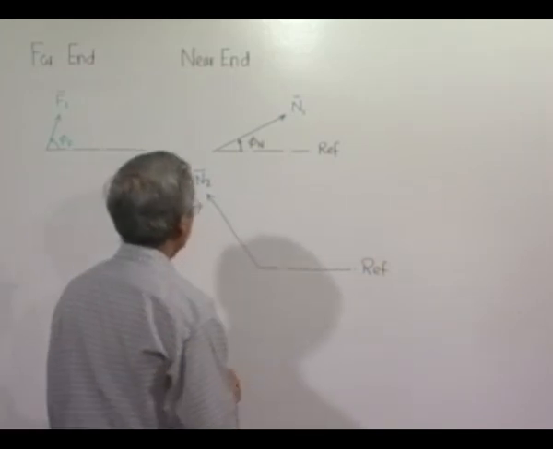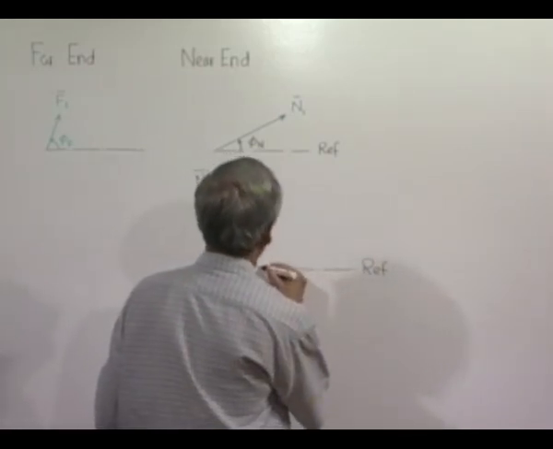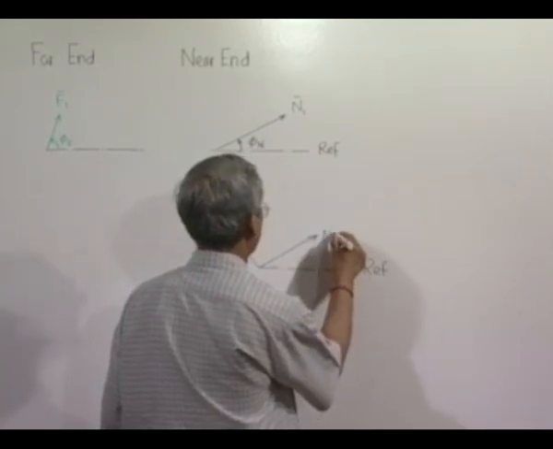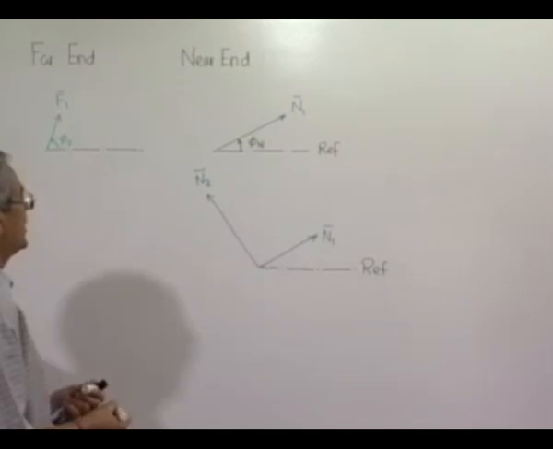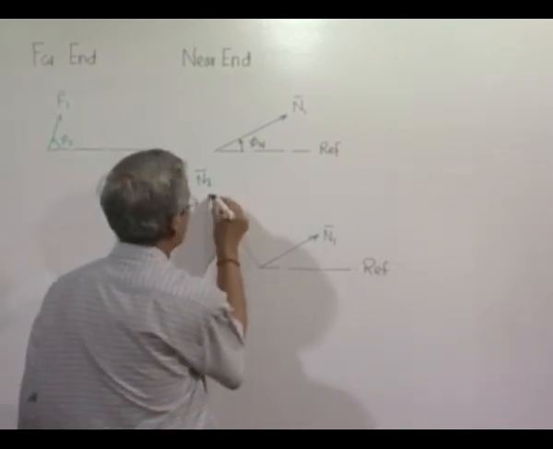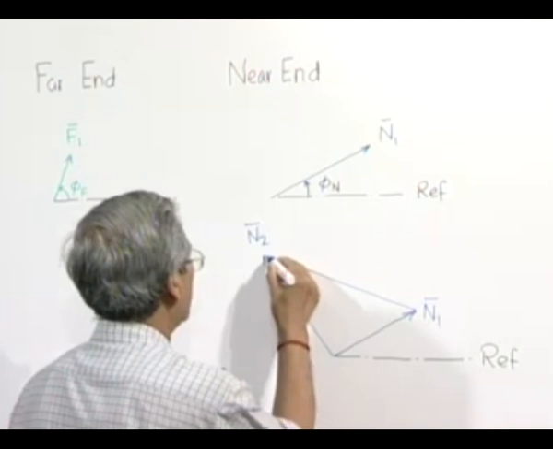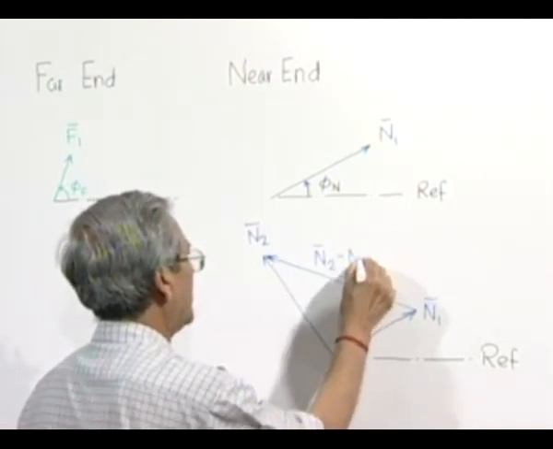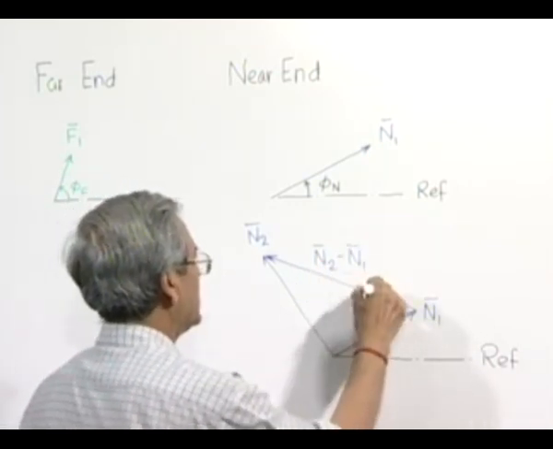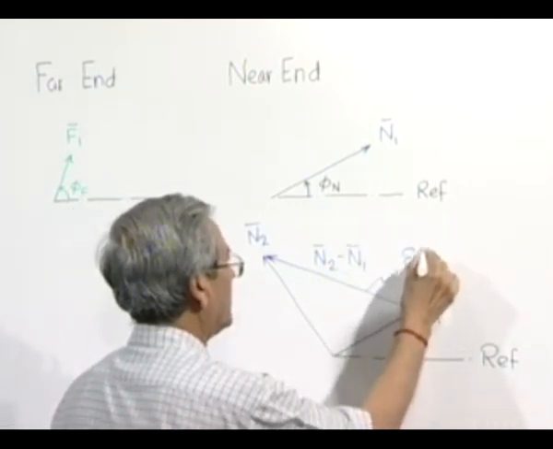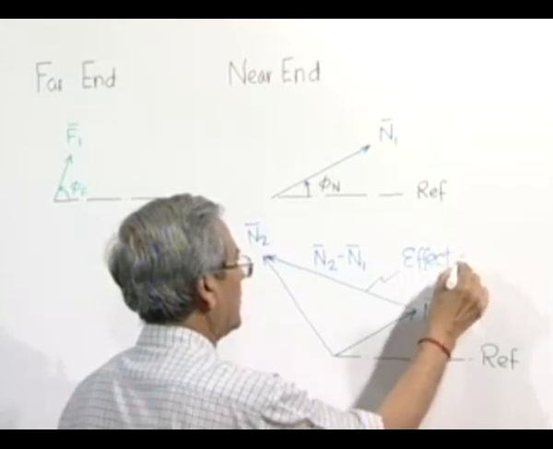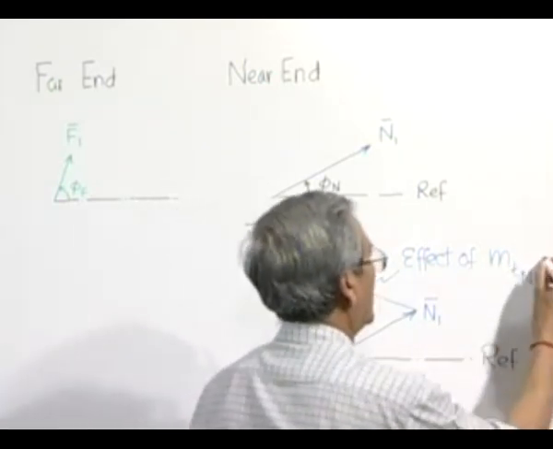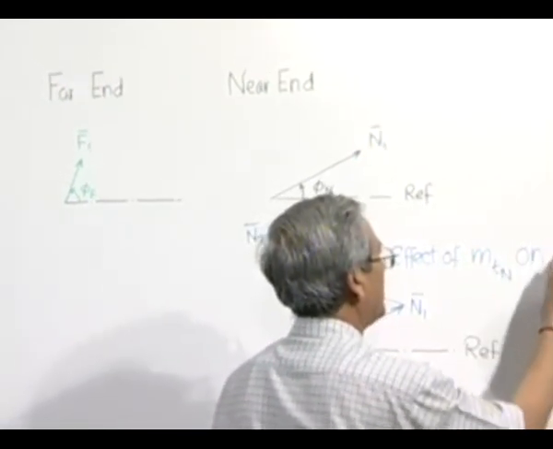Now, when we did not attach the trial mass, the vibration of the near end was this. So, this vector represents the effect of the trial mass on near end vibration.